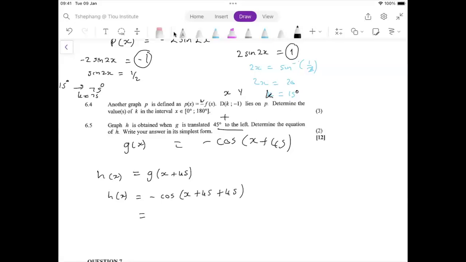This gives us negative cos of X plus 90 degrees. So H of X is equal to minus cos of, now X plus 90 is in the second quadrant. What do we know about cos in there? It's negative. And then, because it's a cofunction, it changes to sine of X, which simplifies to simply sine of X.